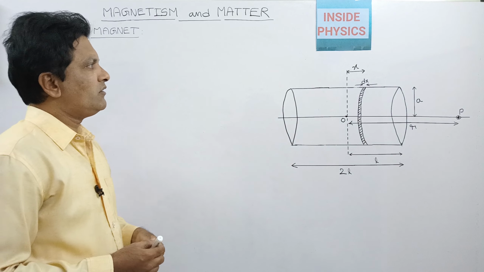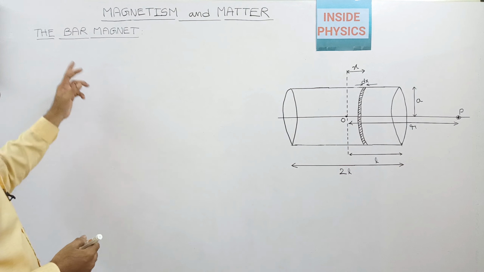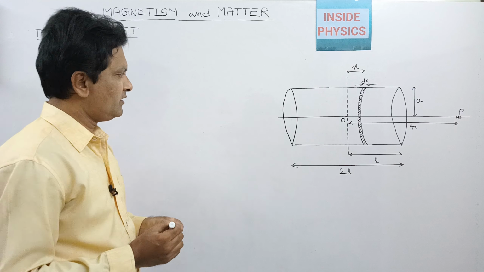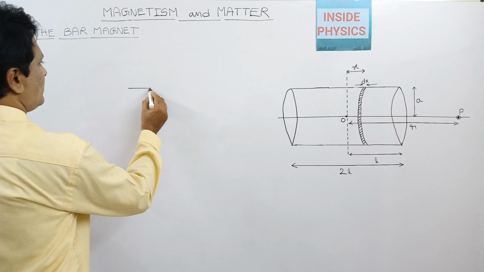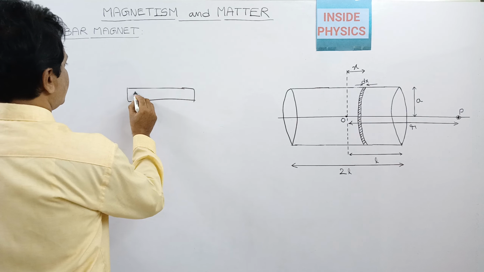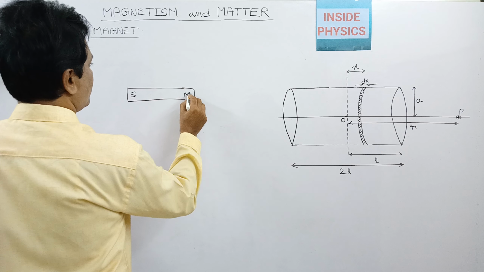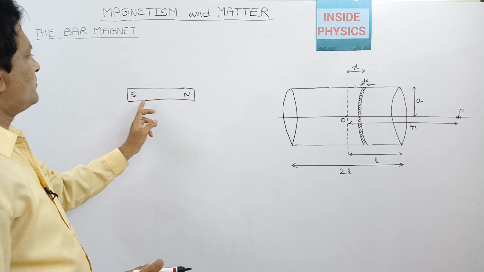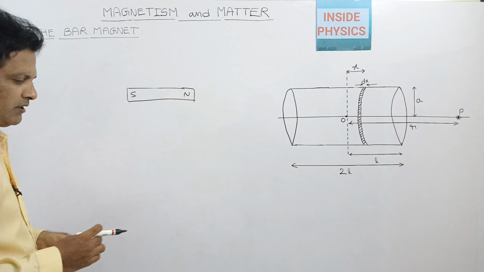Now in our present context, how do we characterize a bar magnet? Simply, we can draw a bar-like structure having a south pole and a north pole. This is the south pole, this is the north pole.